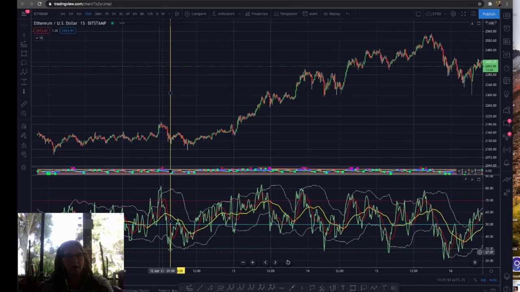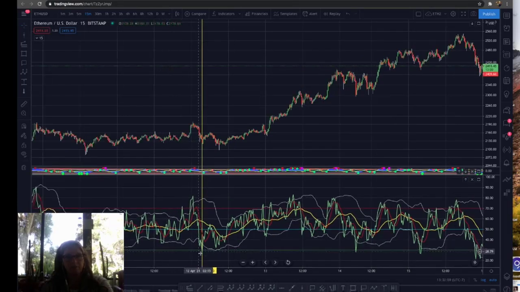So we had a hit to the 30 out of the band. And then our third rule is divergence. So we have all three. So our actual entry is here.